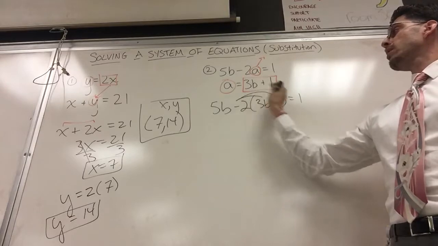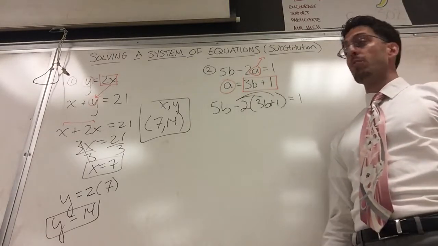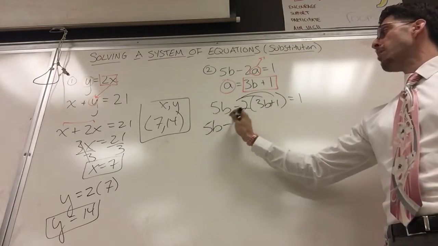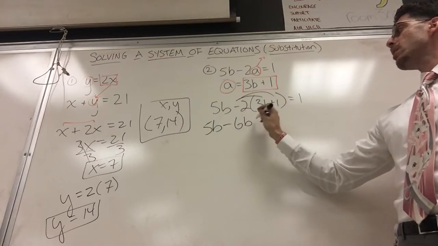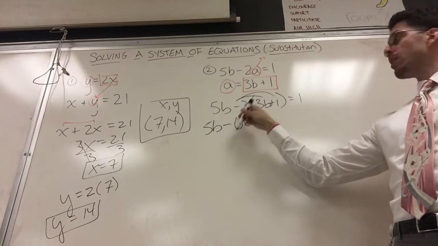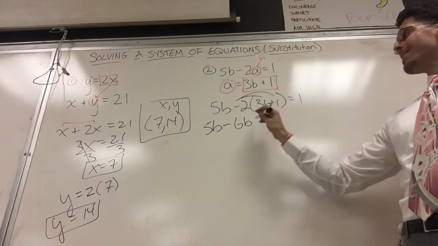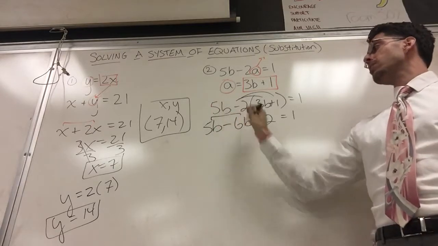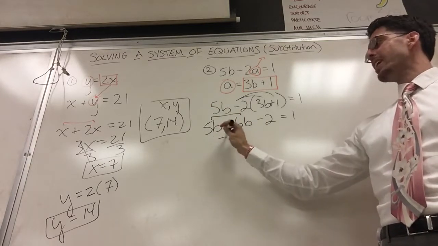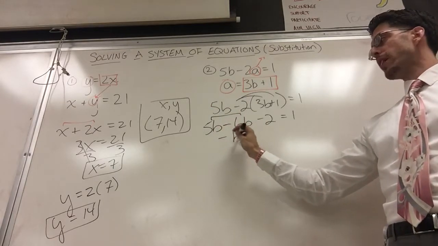This is easy. If I see parentheses, I got to get rid of them by distributing. So 5b minus 2 times 3 is 6, minus 6b, negative 2 times positive 1 is negative 2, and then equals 1 drops down. Combine like terms. 5b minus 6b is negative 1b or just negative b.